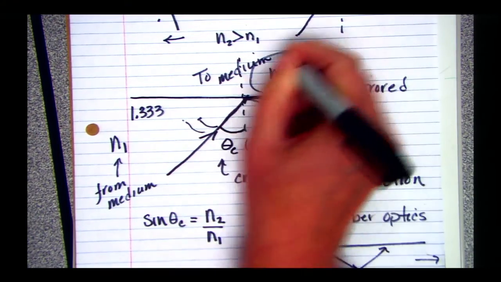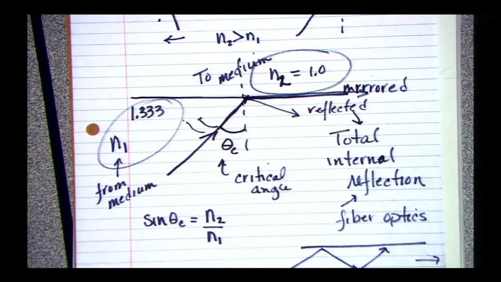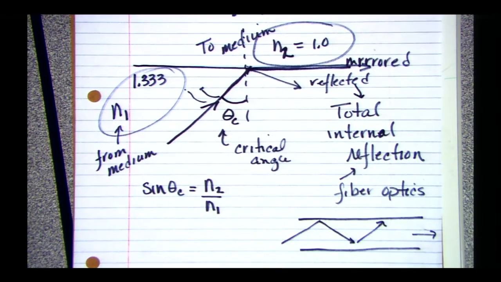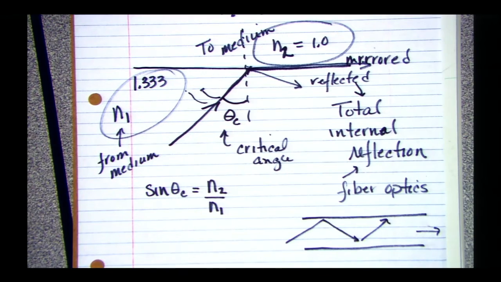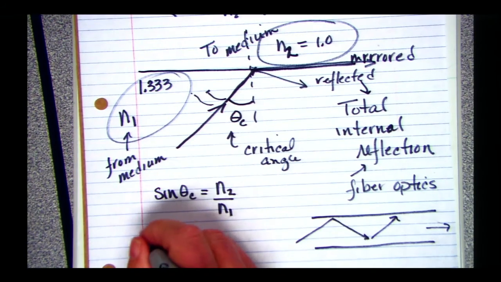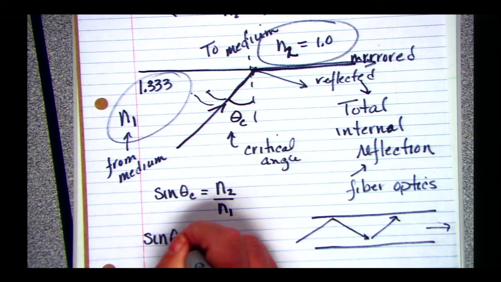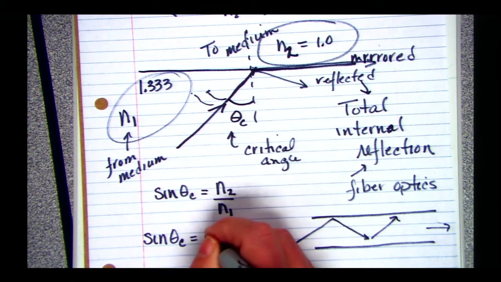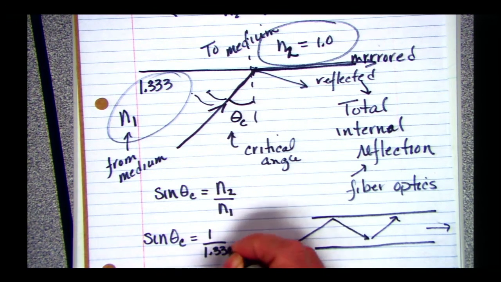So if I'm doing water, the sine of the critical angle is going to be 1 divided by 1.33. The critical angle is going to be the arc sine, and that gives me 48.6 degrees.